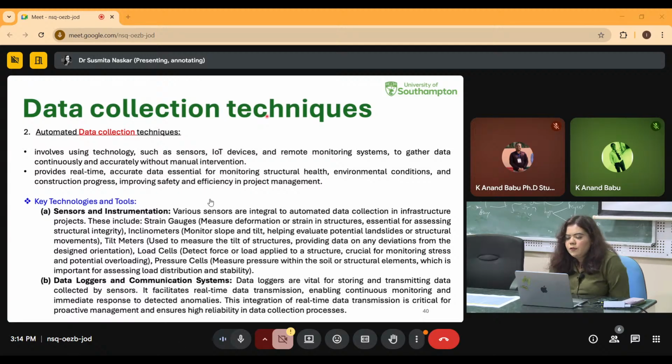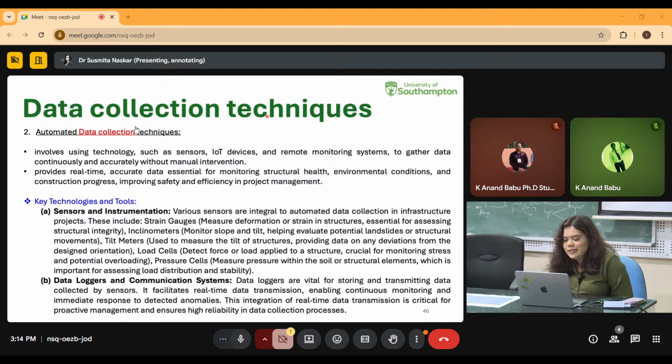Another sensor we use a lot for structural health monitoring is the inclinometer, or tilt meter, which helps us track the slope or tilt, useful for landslides and structural movement. Another important one is the load cell, which helps us detect the force or loads on a structure to monitor stress and potential overloading conditions, for example in foundations or buildings.